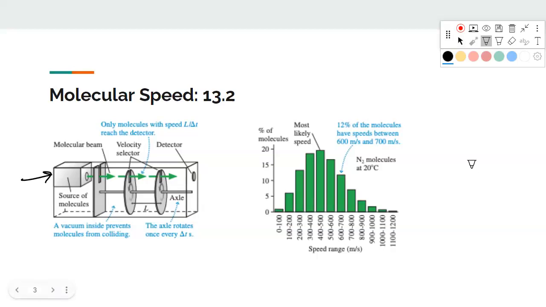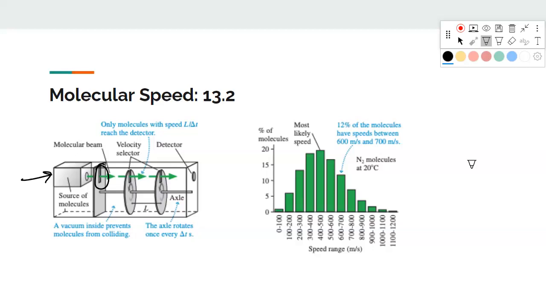We've sucked the air out so that there's nothing for the gas molecules to bump into. And what we do is we first only let the gas through a little opening so that we just have a beam of gas. So only the gas molecules traveling to the right are able to pass through, and they're all in a pretty concentrated straight line sort of situation.